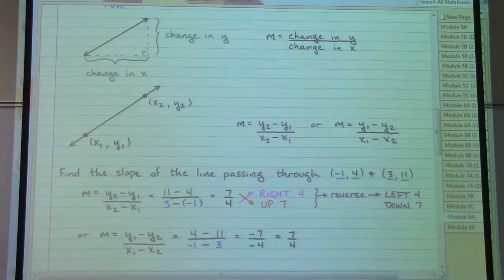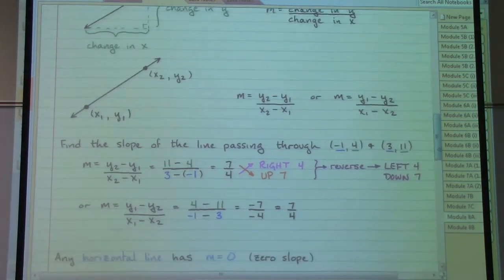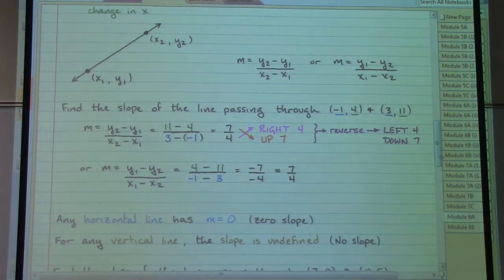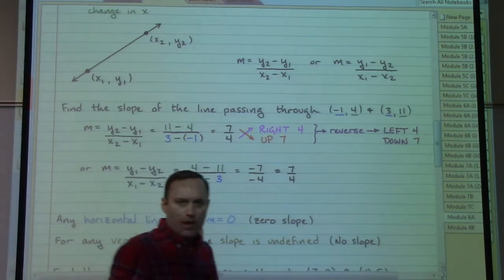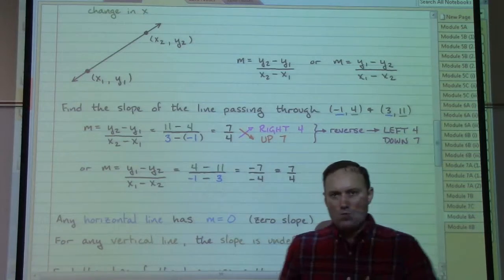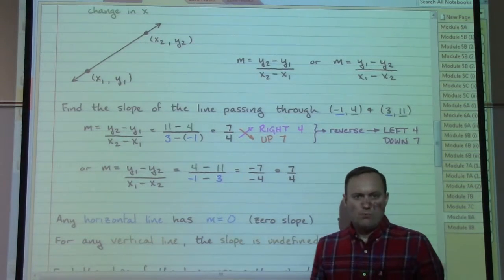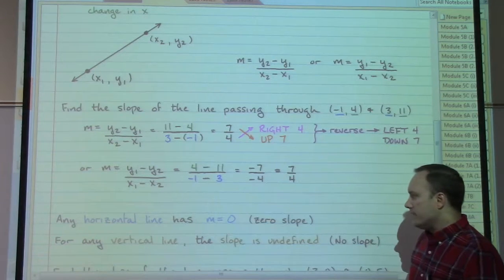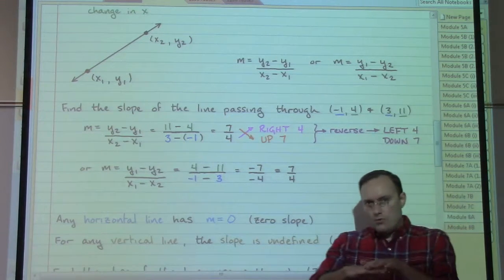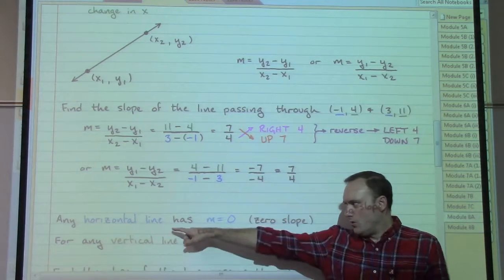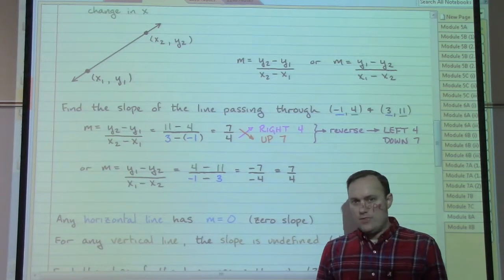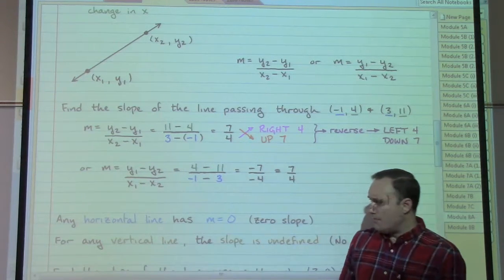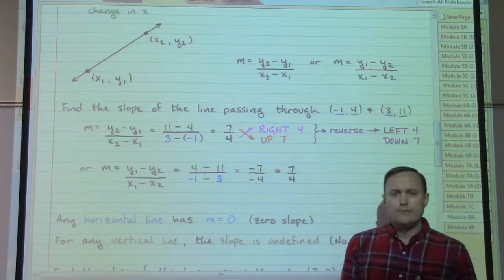Let's look at a couple of special situations here before we do a few other examples. The special situations that we have are the ones that are tied into those number lines that we're originally using as we're building our grid, our rectangular coordinate system, our Cartesian coordinate system. And that would be the normal number line we're used to, which is a horizontal line, and the new number line that we just threw in the mix, which would be a vertical line.